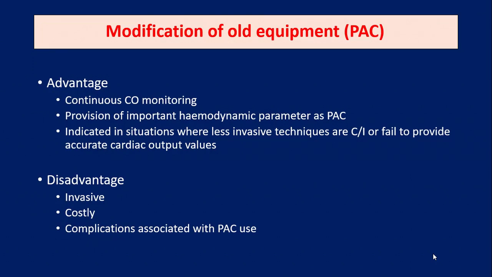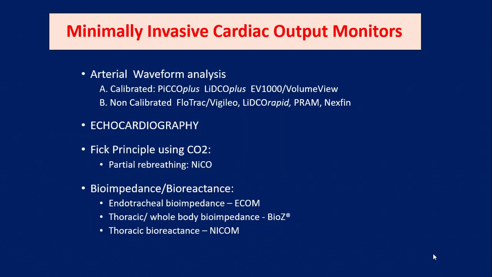What are the advantages of the pulmonary artery catheter? It gives continuous cardiac output monitoring, provision of important hemodynamic parameters, and is indicated in situations where less invasive techniques are contraindicated or fail to provide accurate cardiac output values. What are the disadvantages? It is invasive, costly, and has complications associated with the pulmonary artery catheter.